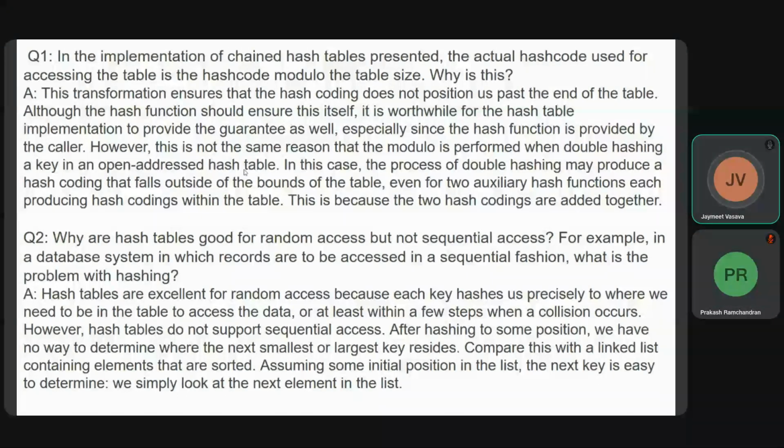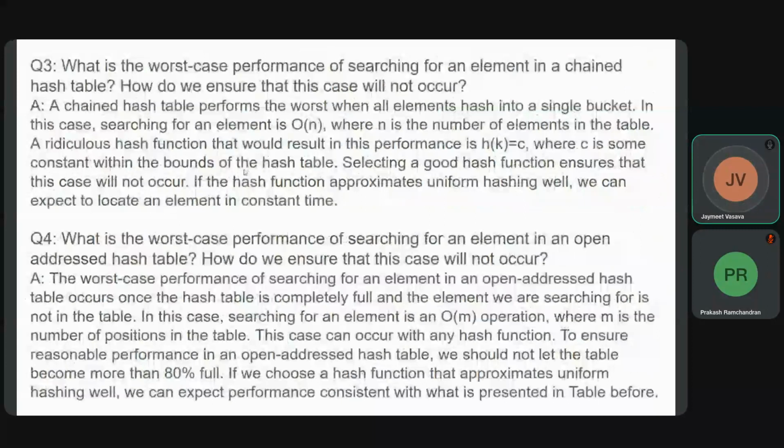Next is, what is the worst case performance of searching for an element in a chained hash table? How do we ensure that this case will not occur? One way it can occur is if all the elements are hashed to one single bucket, and that will make the search go through all the elements present in the bucket.